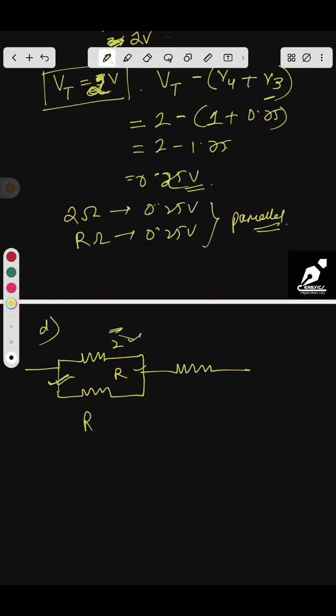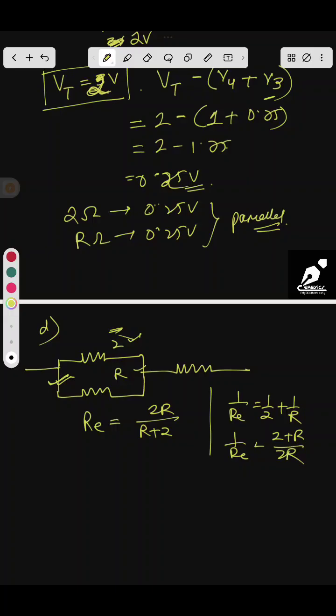The equivalent resistance of this part will be 2R by R plus 2. Or 1 by R equivalent is equal to 1 by 2 plus 1 by R. 1 by R equivalent is equal to R plus 2 by 2R. The next step, we just invert the reciprocal. We get the answer 2R by R plus 2.